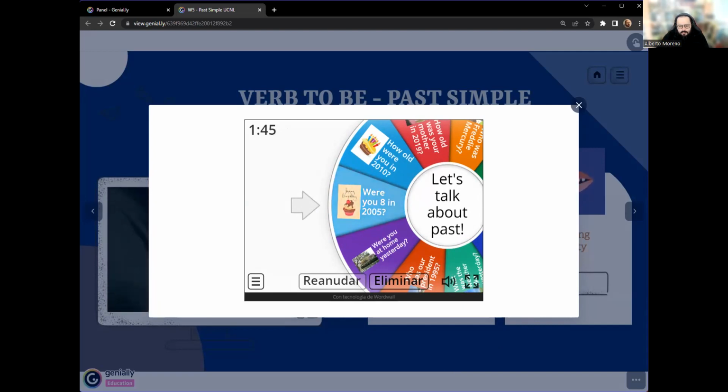Anaí is not here. Ok, la pregunta dice, ¿tenías 8 años en el 2005? La respuesta pues es no. No, I wasn't.